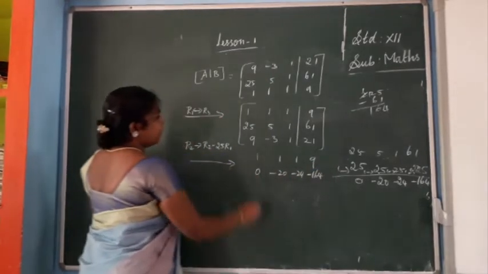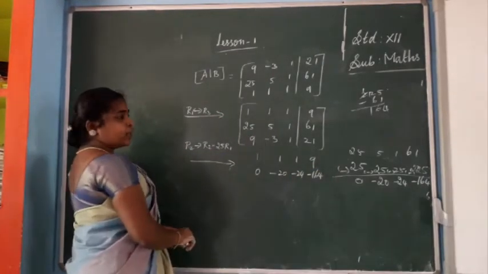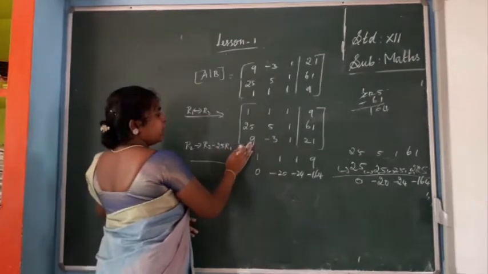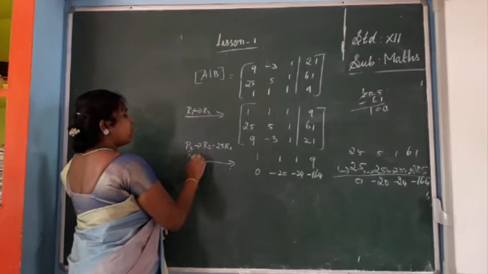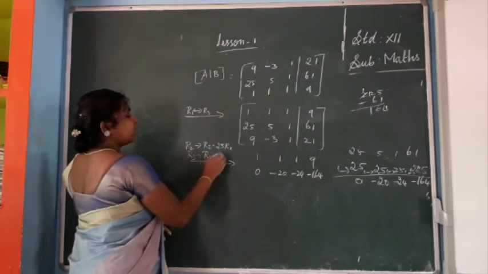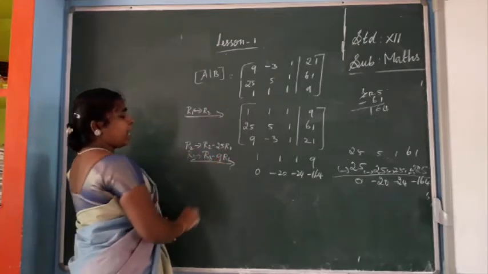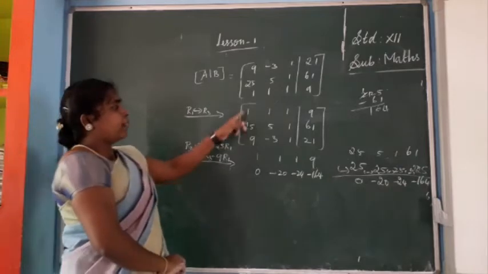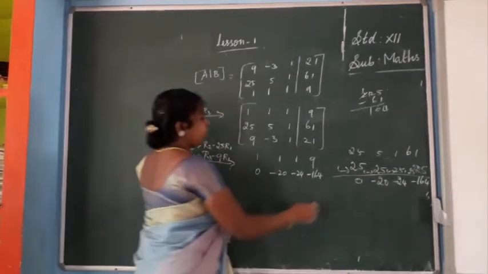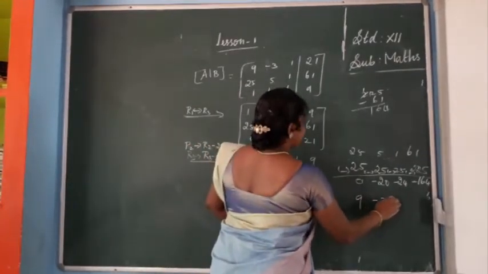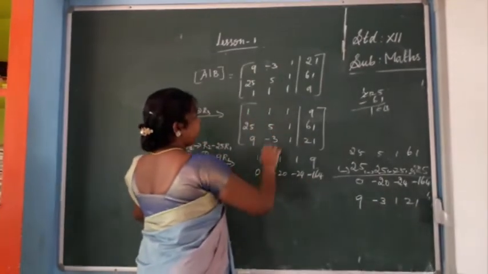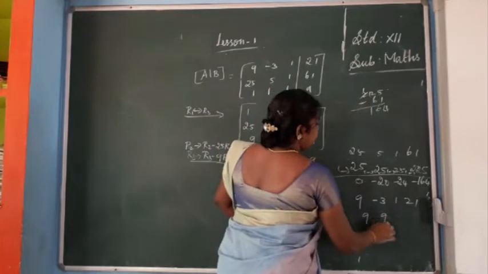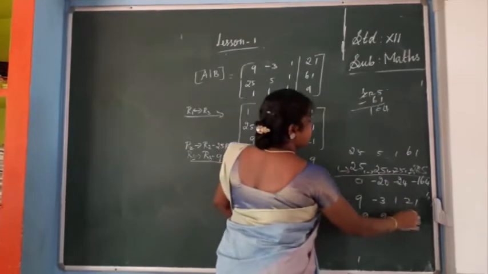Next one. Instead of 9 we need 0, so you have to eliminate 9 using the first row. So R3 gives R3 minus 9 R1. We have 9, minus 3, 1, 21. Next multiply by 9: 9 9s are 81.